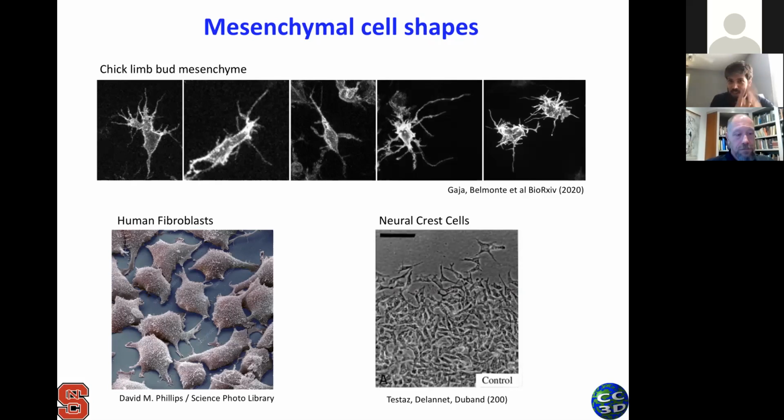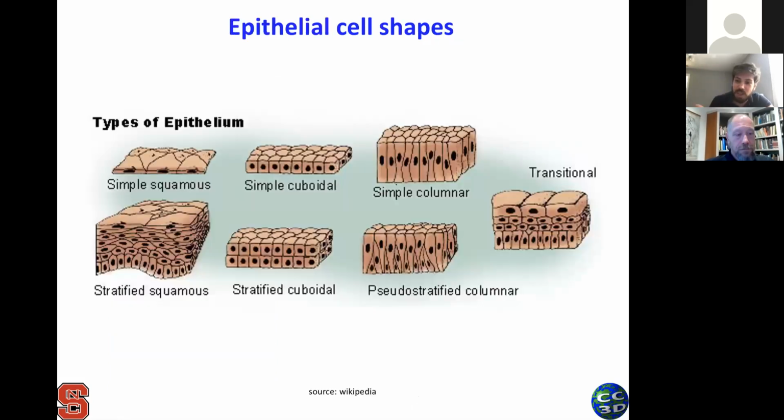They can have all these protrusions, filopodia. They can be just polarized in one direction, polarized in both directions, or polarized in many different directions. And here on the bottom you see fibroblasts, neural crest cells. Okay, very different shapes.